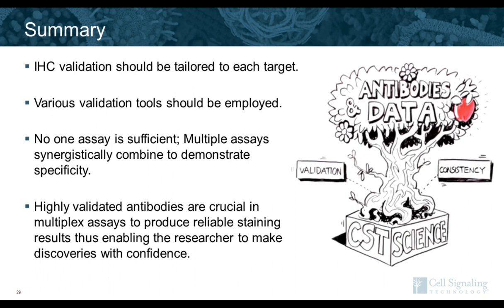How can I avoid mouse-on-mouse reactivity when multiplexing in mouse tissues and tumors? For this one, the easiest way to avoid mouse-on-mouse reactivity when doing IHC in mouse tissues would be to use rabbit monoclonal antibodies.